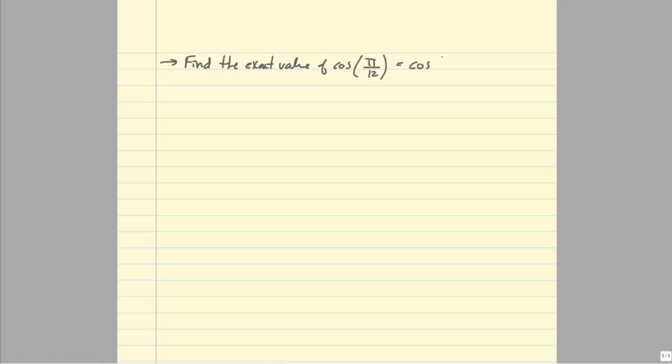You don't have to if you like to use the radians. So this would be 180 over pi. Okay, so the pi's would cancel, and then 12 goes into 180, 15 degrees. So this would be the cosine of 15 degrees. So if we're going to use our half angle, this would be the cosine of 30 degrees over 2. Now we have to go ahead and pop in those formulas. Let's see what we have to choose from.